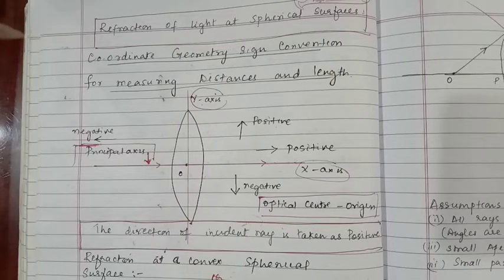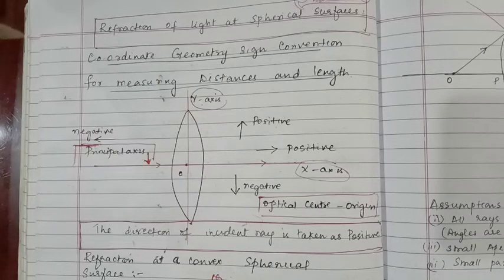So there is a set of rules. Usually we prefer coordinate geometry sign convention. Hope you understood why we are talking about it.